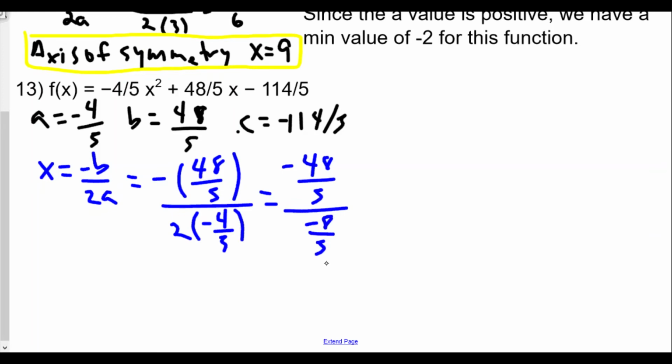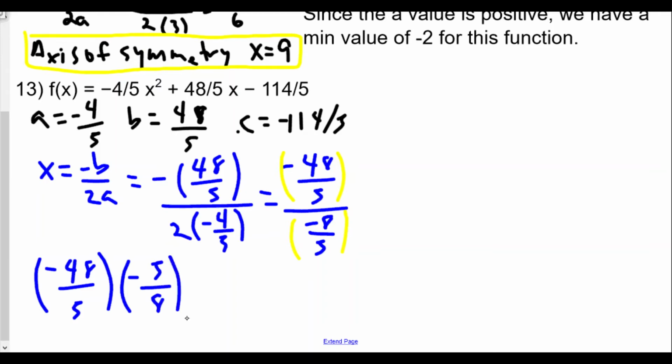And one of the things we want to do, I'm going to use a calculator for this too, but we divide two fractions, because I'm going to put parentheses around them, since it's my numerator and my denominator. When I divide a fraction by a fraction, it's the same as taking the numerator and multiplying by the reciprocal of the denominator, which in this case would be -5/8.